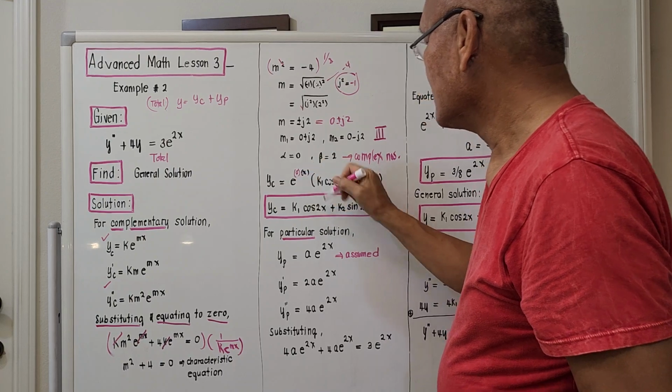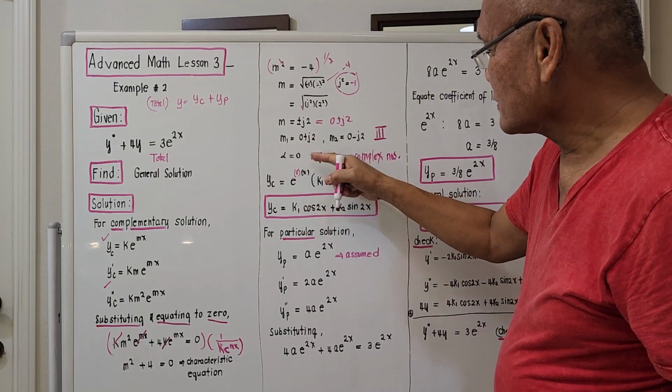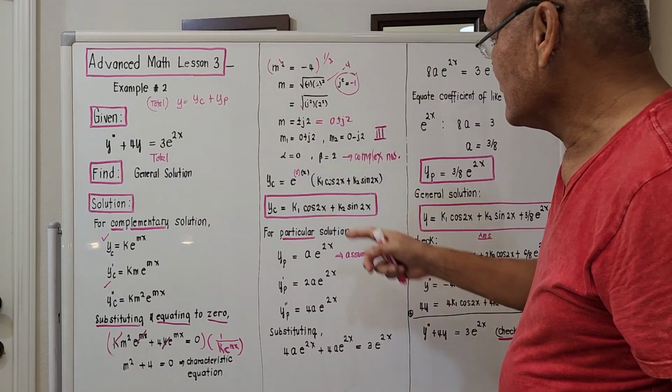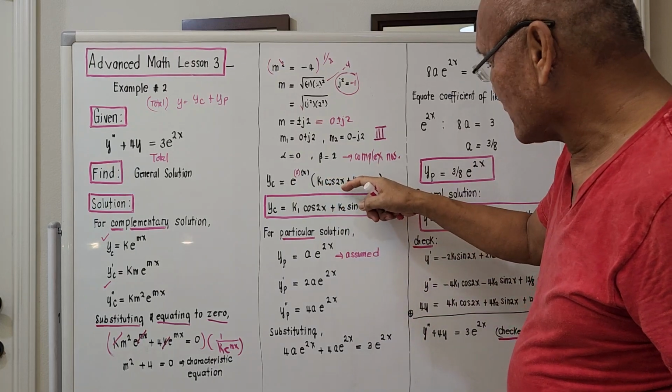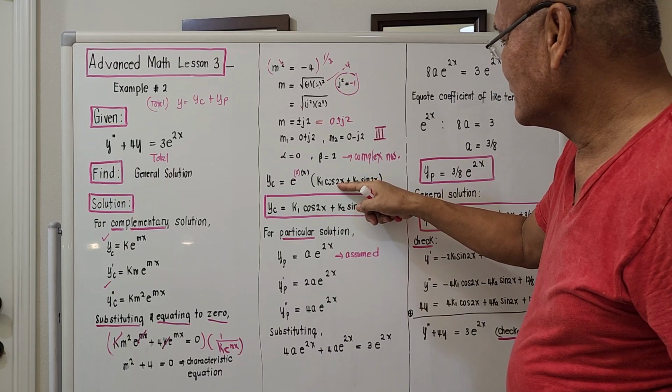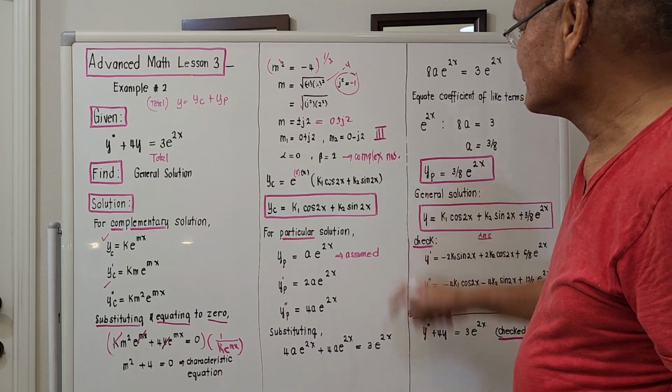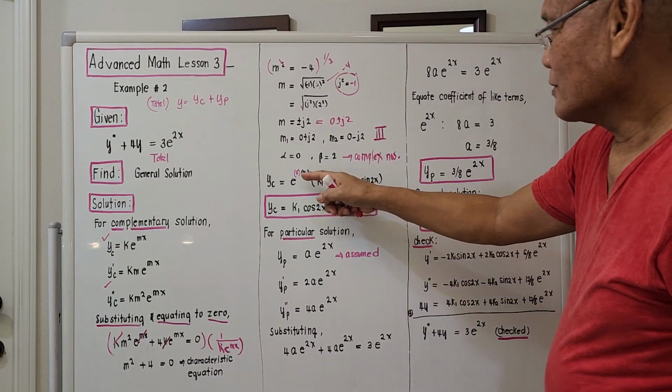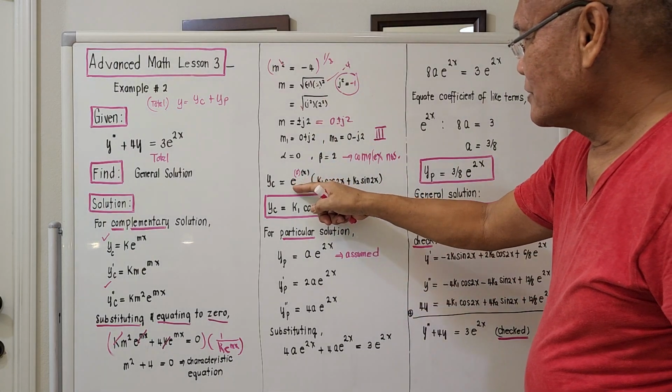Okay? E raised to 0 times x times the quantity k1 cosine of 2x plus k2 sine of 2x. This 2 here is beta. Okay? 0 times x is 0, e to the 0 is 1.